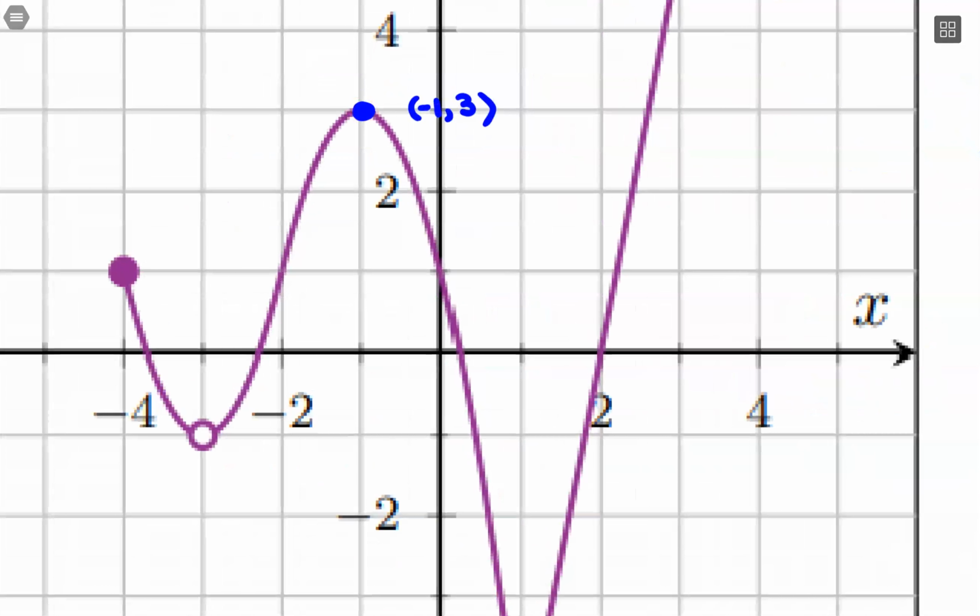However, at negative 1, at that point right there, it's technically neither increasing nor decreasing. Like if you imagine throwing a ball up into the air. In terms of height, it's increasing, increasing, increasing, and then when it hits the top, it's like it floats for a second.